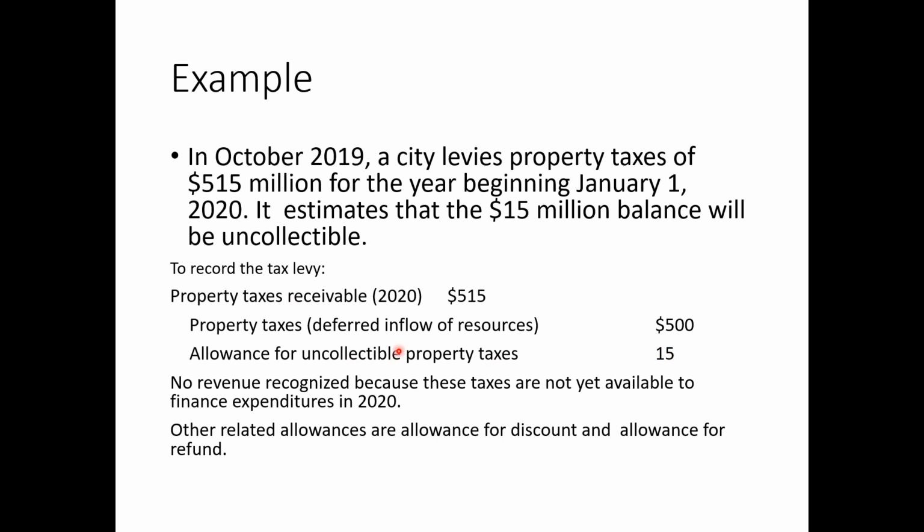This is the journal entry for 2019. No revenue will be recognized, because these taxes are not yet available to finance expenditures in 2020. If there's any discount or refund, we're going to record those in the allowance.